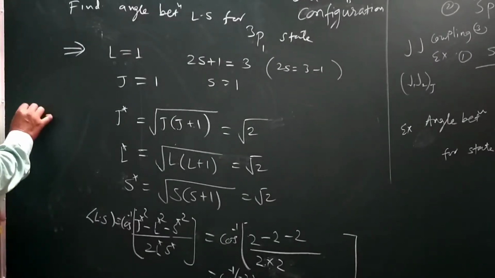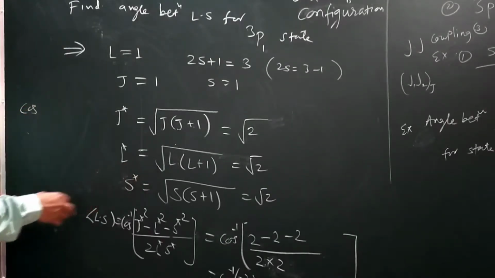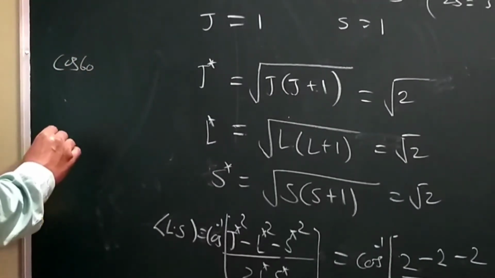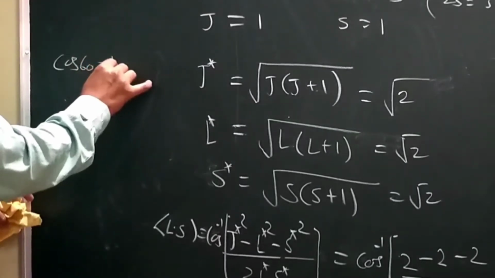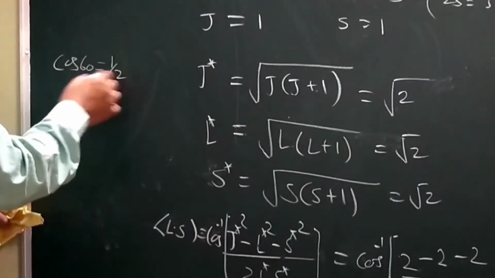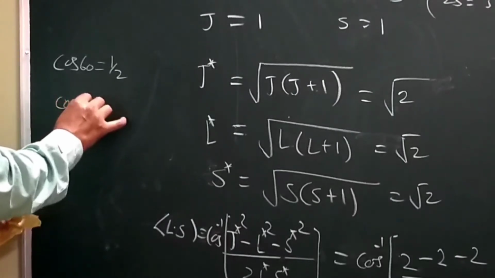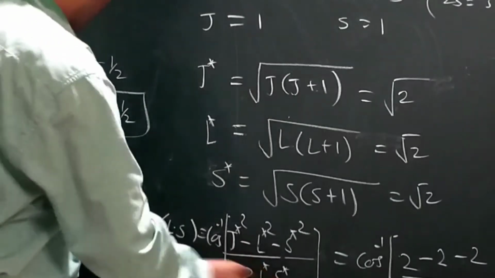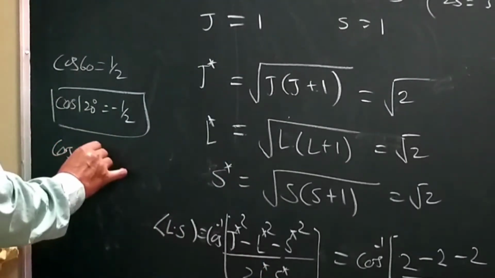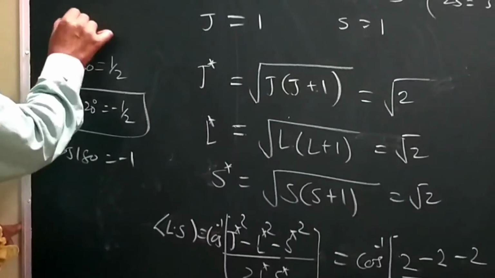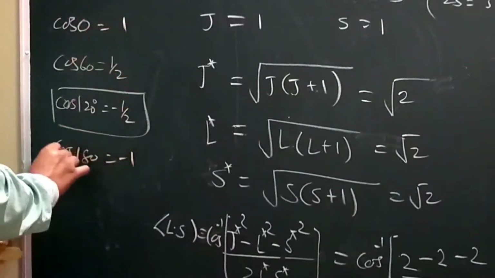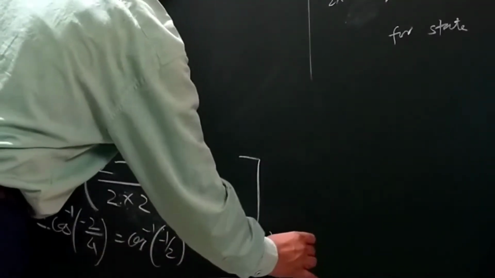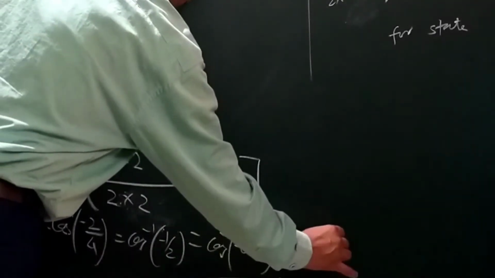As we know, the value of cos 60 is half, and for 120, cos 120 is minus half. And cos 180 is minus 1, and cos 0 is plus 1. So what is the angle? The angle between L and S is 120 degrees.